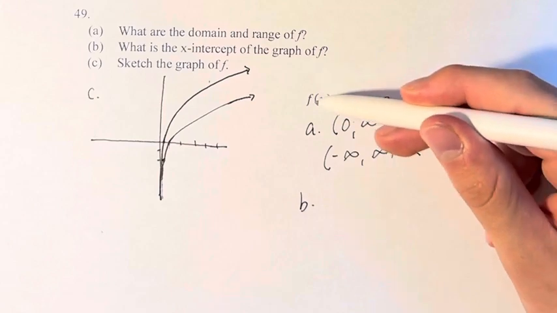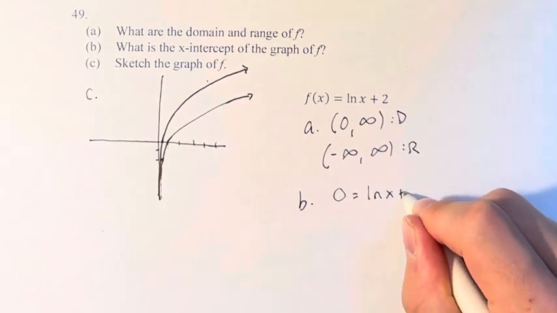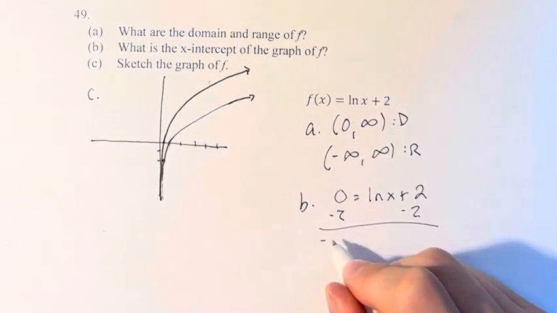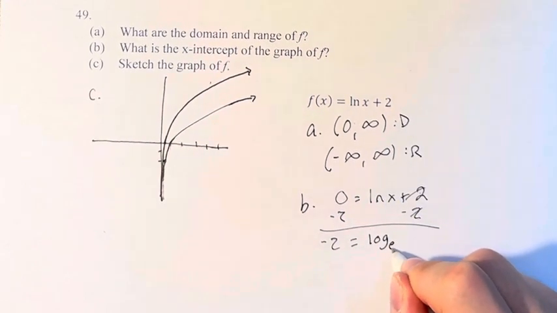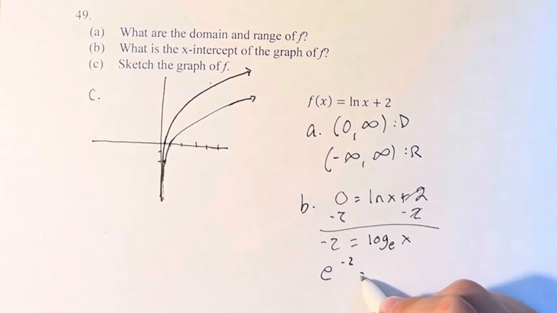It's the value of x when y, or f of x here, is 0. So 0 equals ln x plus 2, subtracting 2 from both sides, negative 2 equals ln of x, which I'm going to write as log base e of x. And therefore, e to the negative 2 equals x.